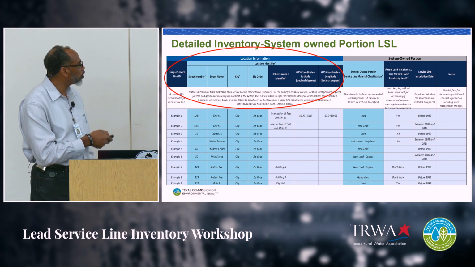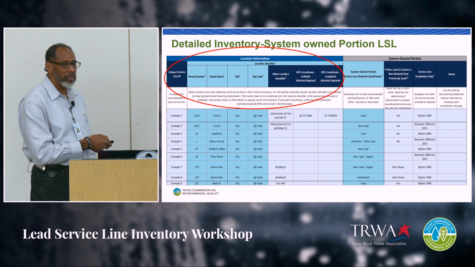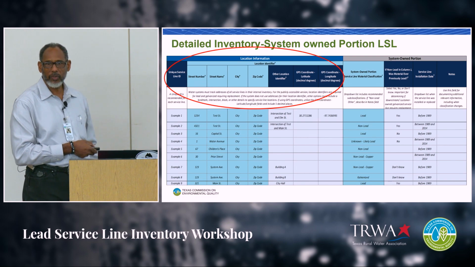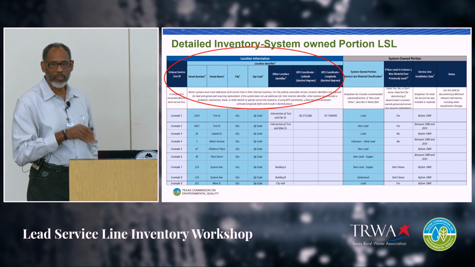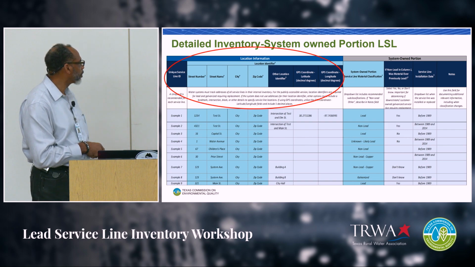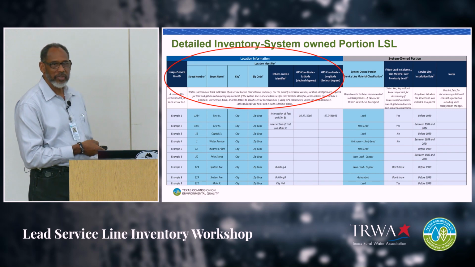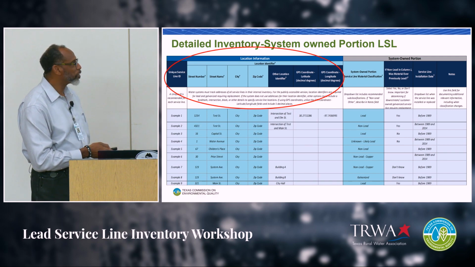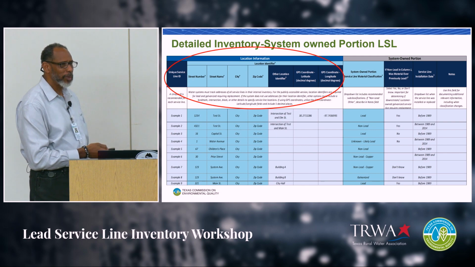Again, the aqua cells are what's required. You can put additional information in these light blue cells if you want to help TCEQ identify where this particular service line is located. But if they don't have a 911 address, now is a good time to get one. So I think that was 5 years ago, maybe more.